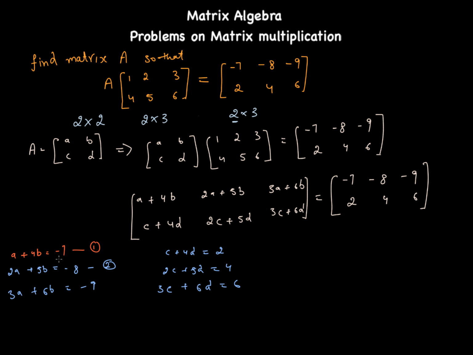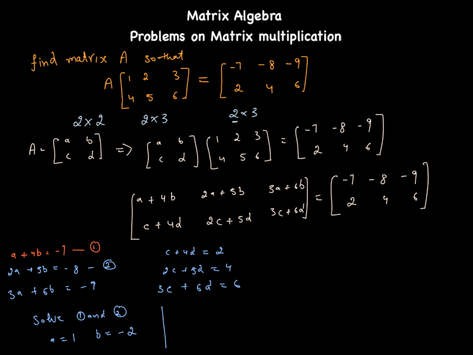So if I solve equations 1 and 2, this gives me a is equal to 1 and b is equal to negative 2.